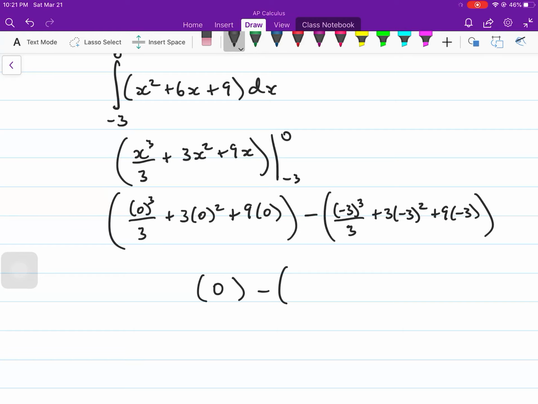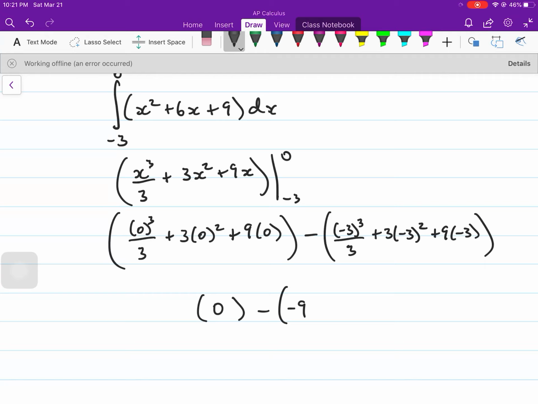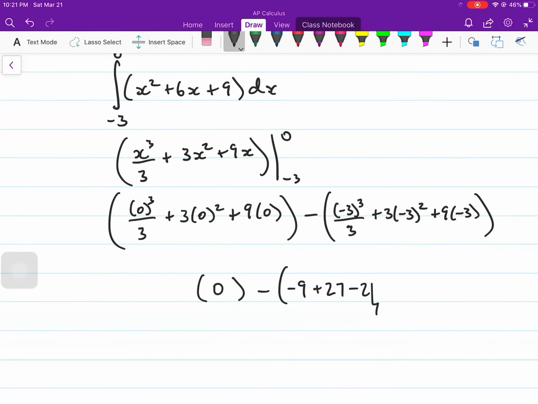Minus, well, negative 27 over 3 is negative 9, and then that will be positive 27 minus 27. Whoa, things are going crazy here. So 27 minus 27 is 0. Those cancel out, and we'll have positive 9 as our answer.